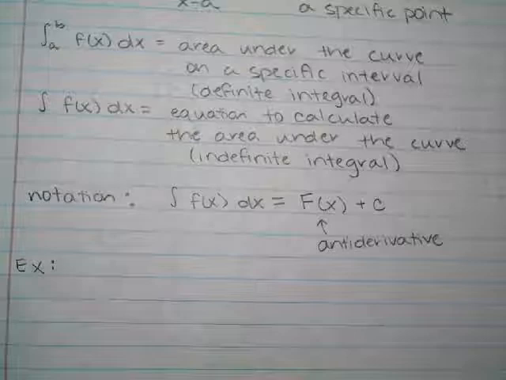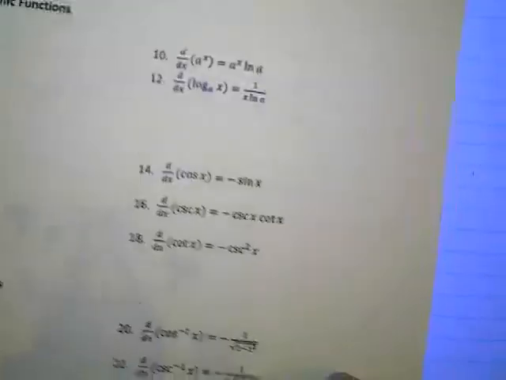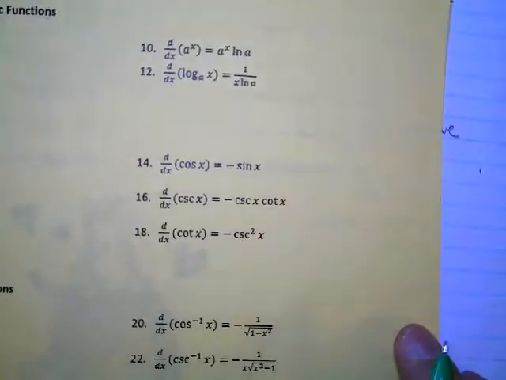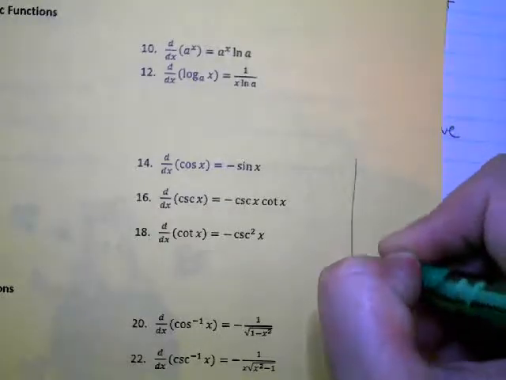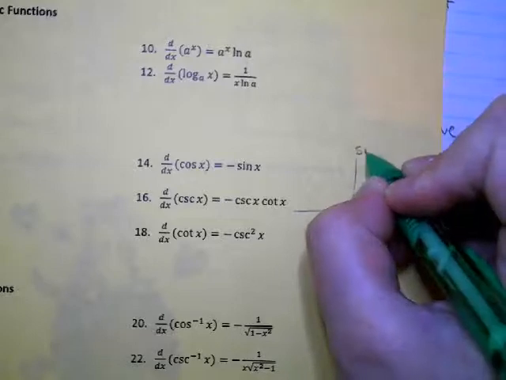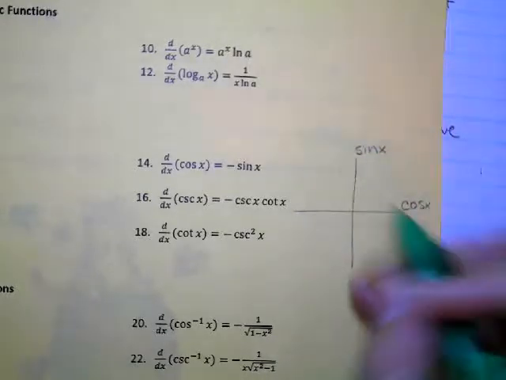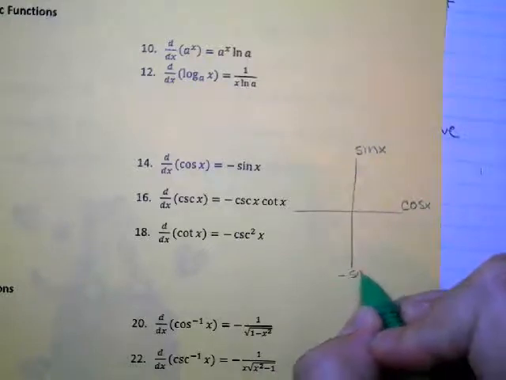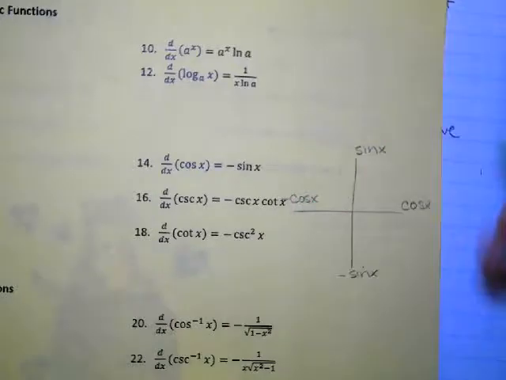Okay. So when we talked about, I'll have to draw it again because I lost my drawing. So we had the unit circle, and we had sine x, cos x, negative sine x, negative cos x. And we said that the derivative went this way, right?